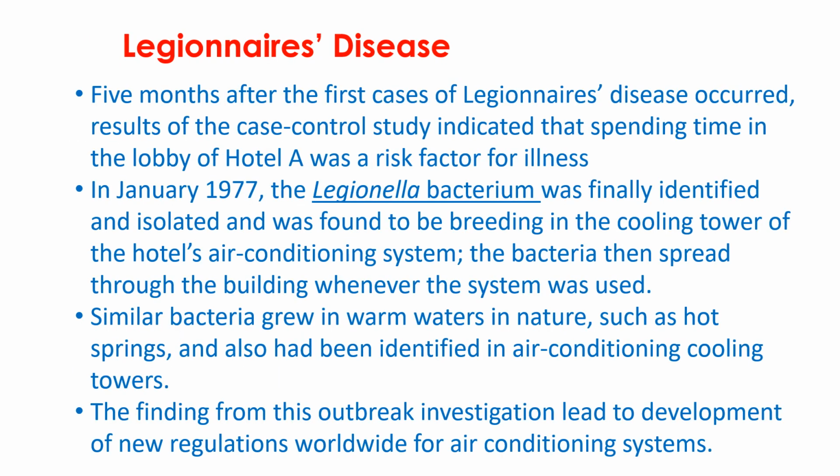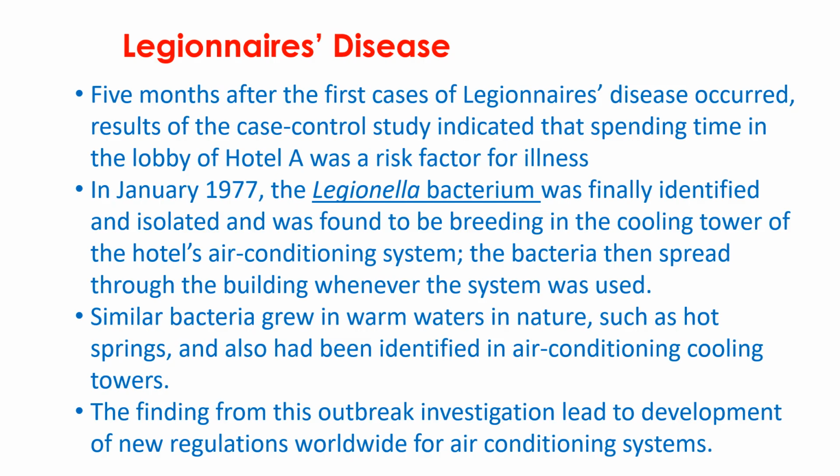Five months after the first cases of Legionnaire's disease occurred, results of the case-control study indicated that spending time in the lobby of Hotel A was a risk factor for illness.